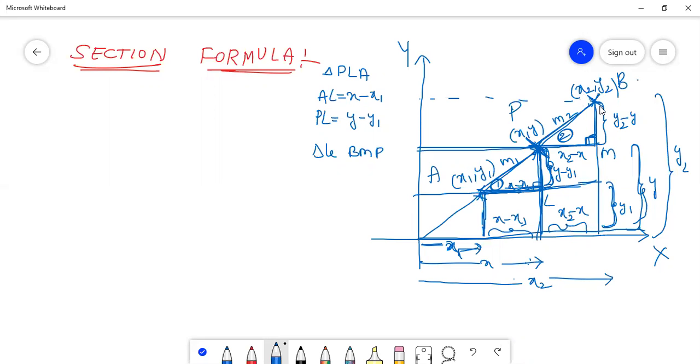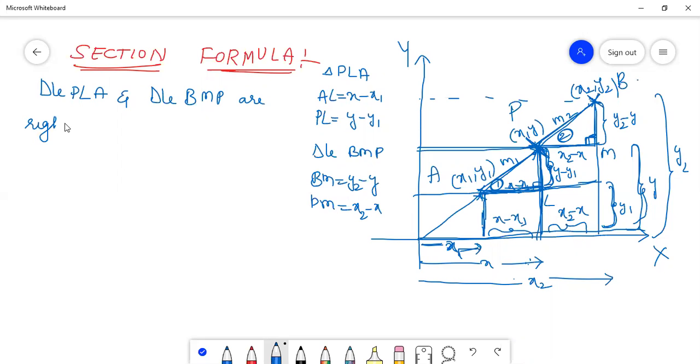So here the distance of BM is y2 minus y and PM is x2 minus x. Here, by observing these triangles, PLA and BMP are right angle triangles.